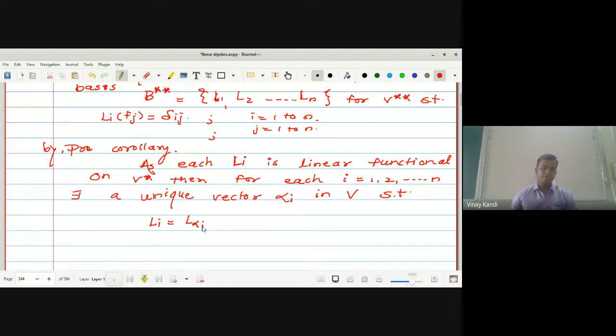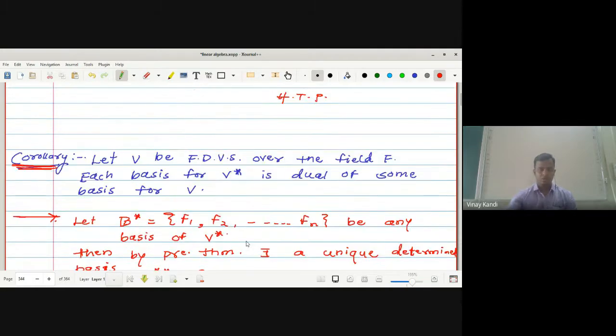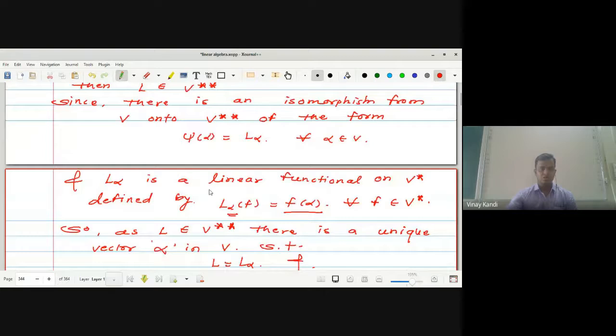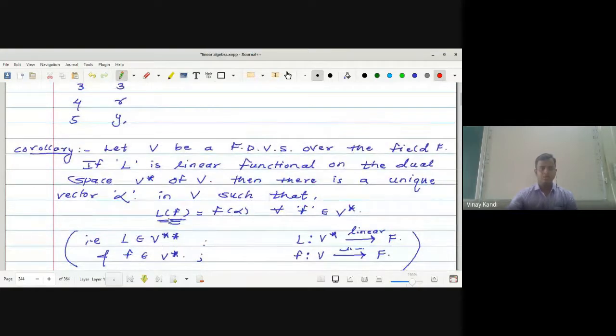By the previous corollary, for each L alpha we get F of alpha.